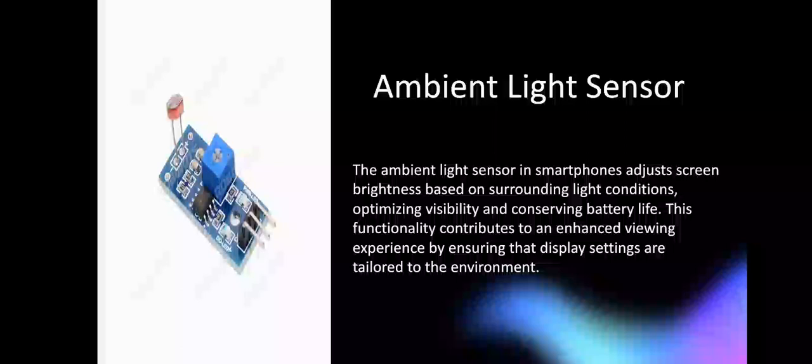It is used as a photo detector, and it helps to optimize visibility in different lighting conditions, and can also save battery life by reducing the screen's power consumption. So these are some of the different types of sensors that we use in our smartphone.